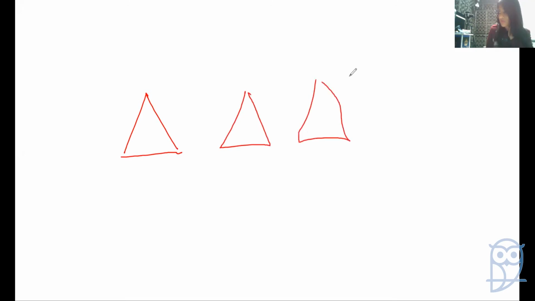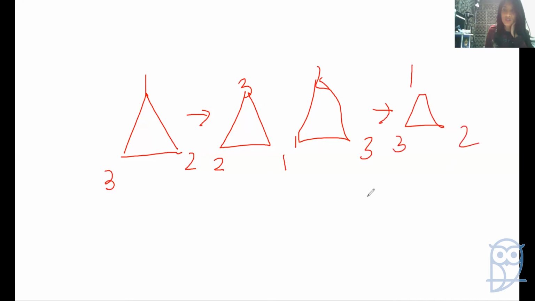When I say that the rotational symmetry of an equilateral triangle is 3, what I'm basically saying is, if I go 1, 2, 3, then 2, 3, 1, then 3, 1, 2, the triangle fits onto itself in three different positions.